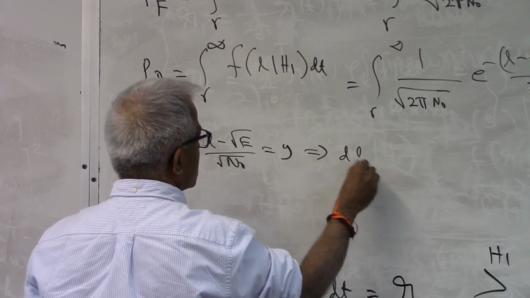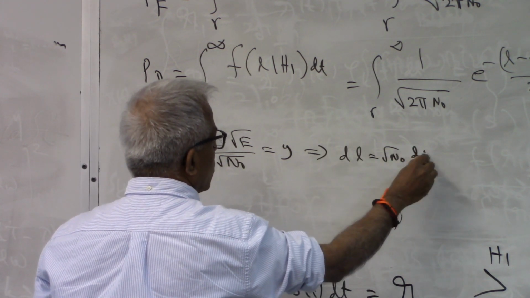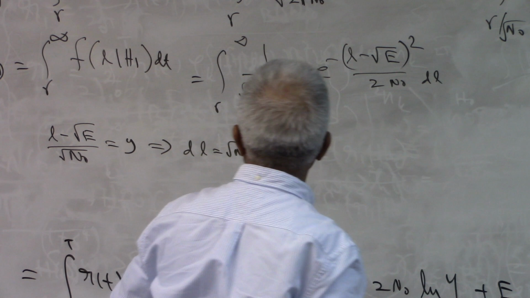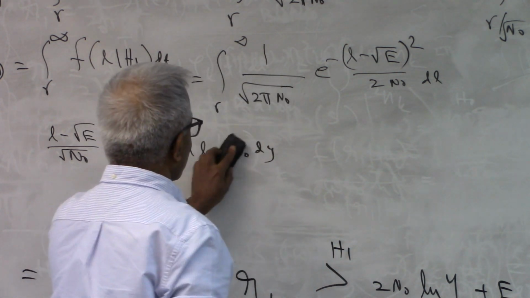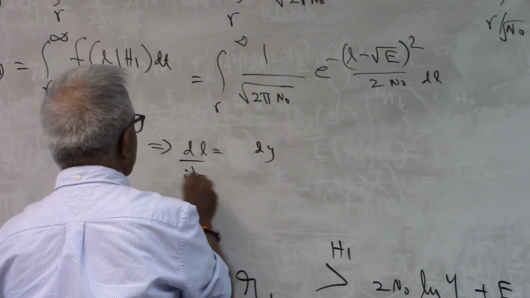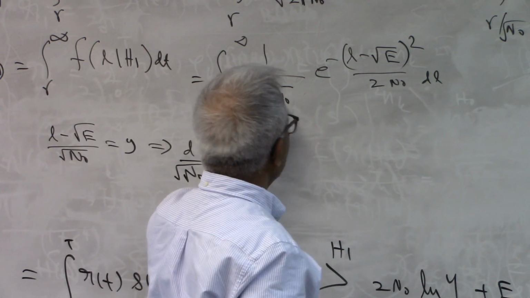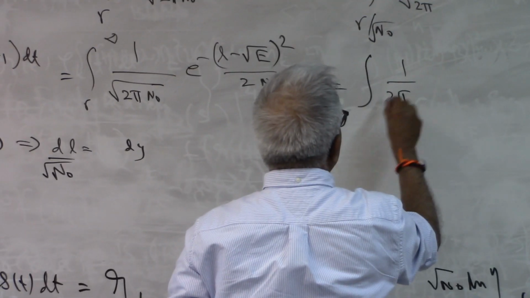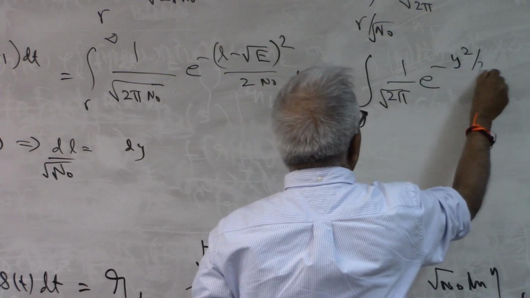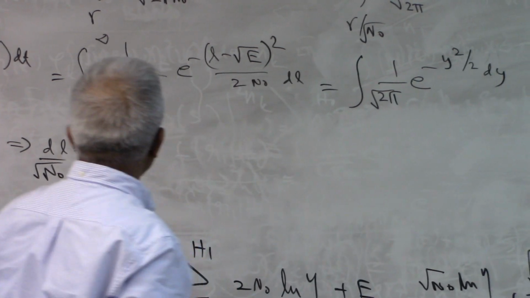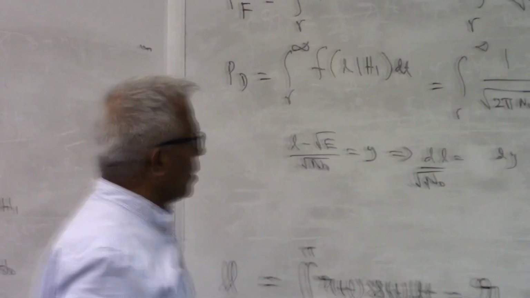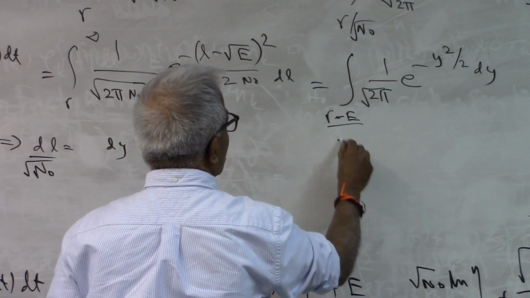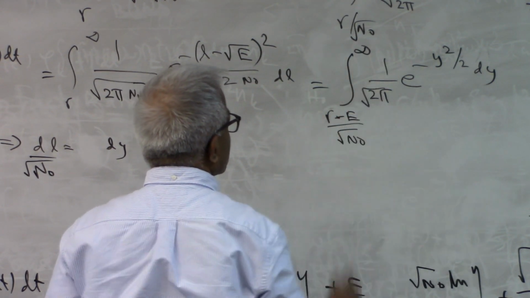So dL over square root of N0 becomes dy, and this becomes 1 over square root of 2 pi, e to the power minus y squared over 2 dy, except the lower limit: when L is gamma, this becomes gamma minus square root of E over square root of N0, to infinity.